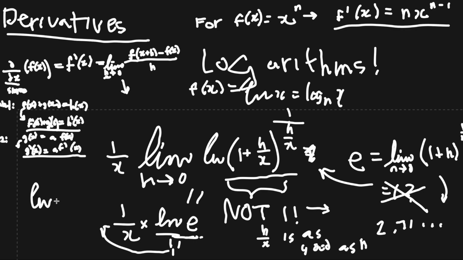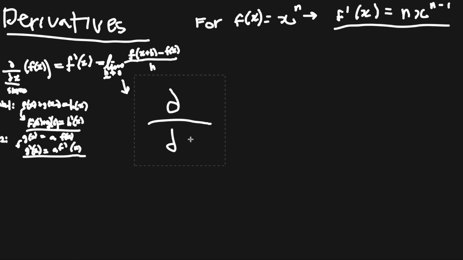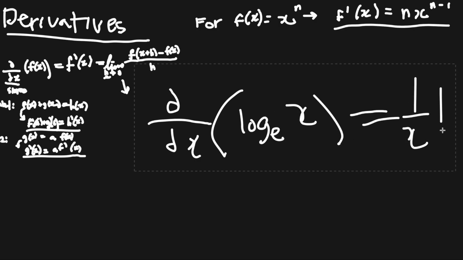Since we know that the inside part goes to e, the base of the logarithm must also be e. Note that log base a of a is just 1, since a to the first power is a. Using these, we can finally find that the mystery logarithm has a base of e. So we've solved it. ln x, with base e, is the function which has a derivative of 1 over x.